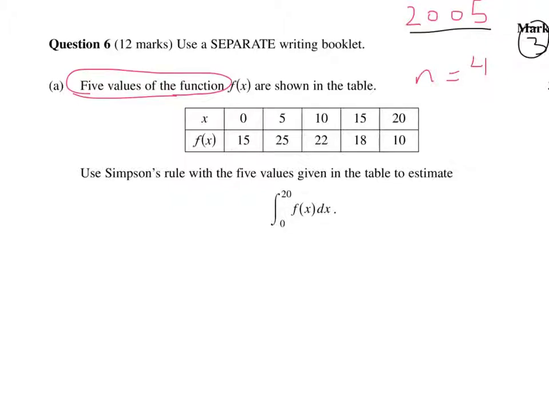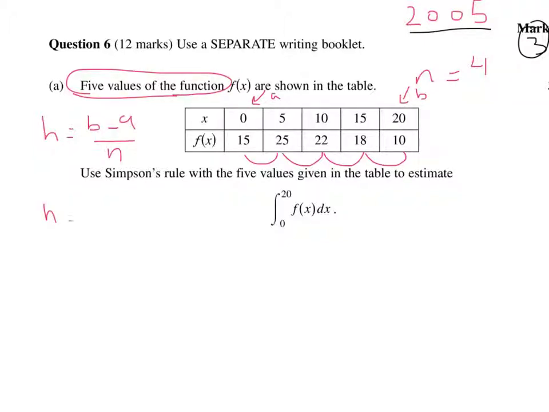And if I wanted to show you that, that's from 0 to 5, 1, 2, 3, 4 subintervals. Now, this represents A and this represents B. So if I wanted to find h in this case, h would be B minus A over n.